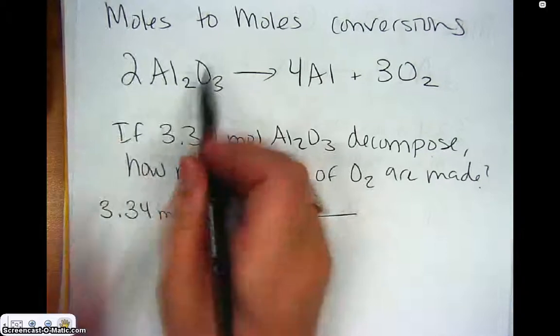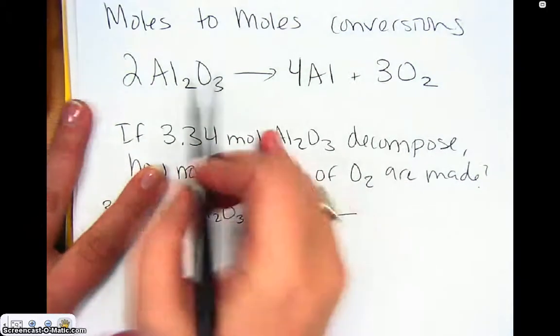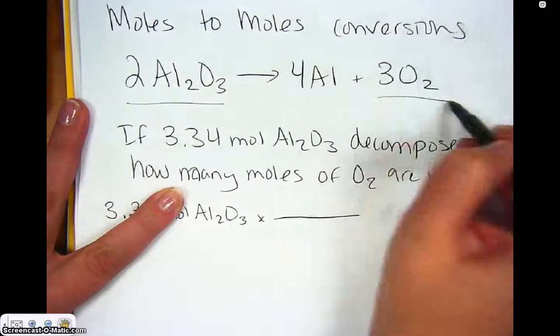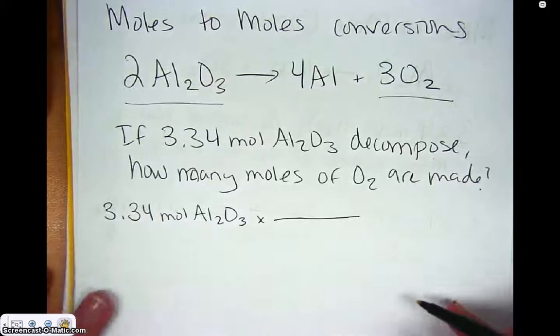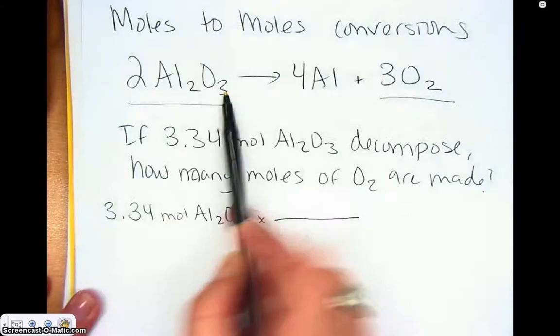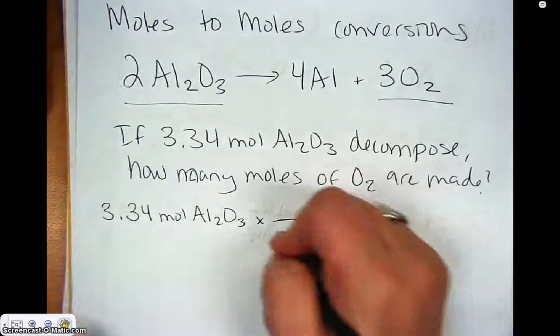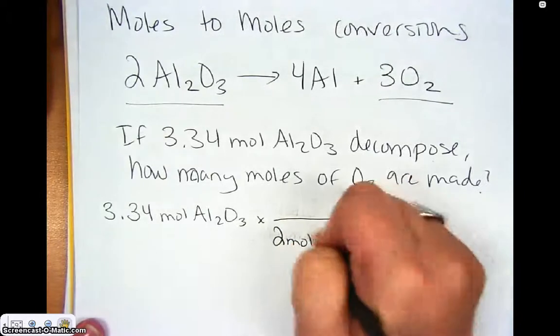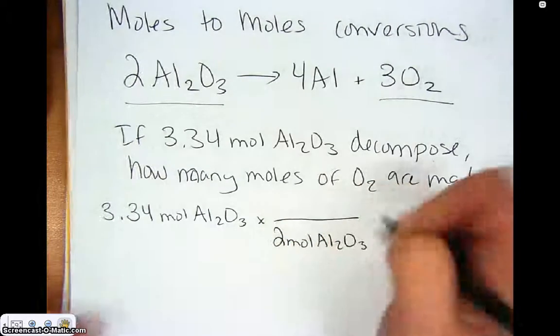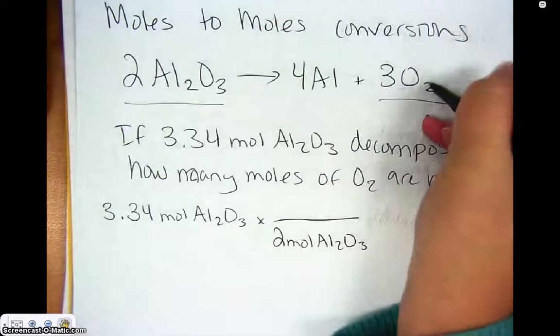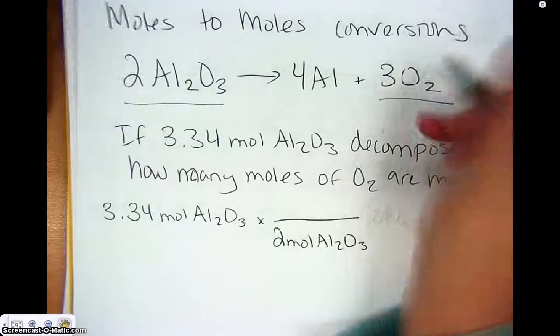So my two items that I'm going to be using here from the chemical equation are here and here. So we want the moles of aluminum oxide to cancel, so that will have to go on the bottom. So I will say 2 moles of aluminum oxide decompose, and when they do, for every 2 moles that decompose, I actually make 3 moles of oxygen.